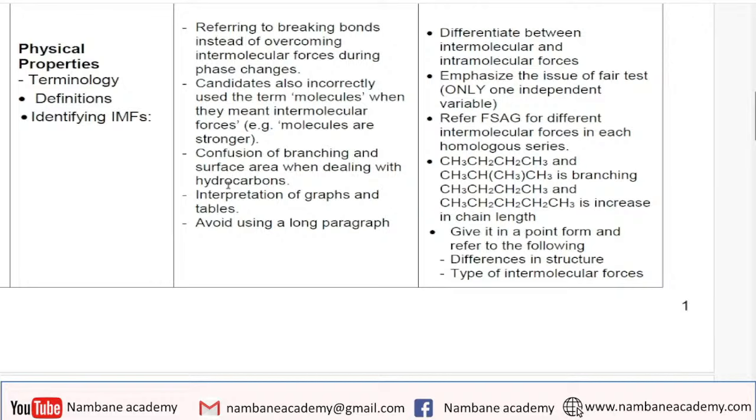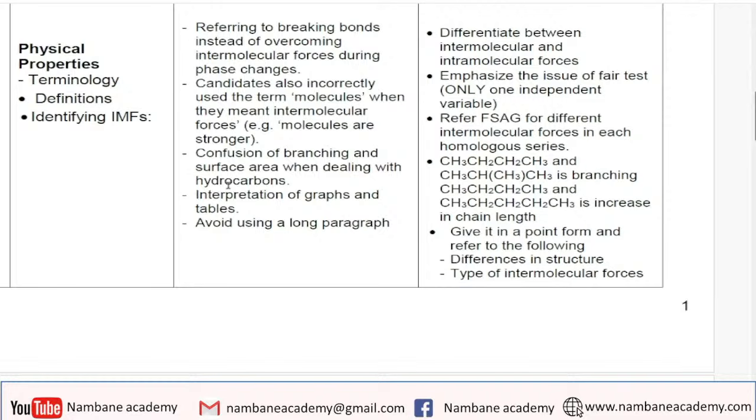Those are possible independent variables. You just have to check how the two things you are comparing differ. Do they differ in the type of functional group? Or in chain length? Or in the branches they have? Then that becomes your independent variable.